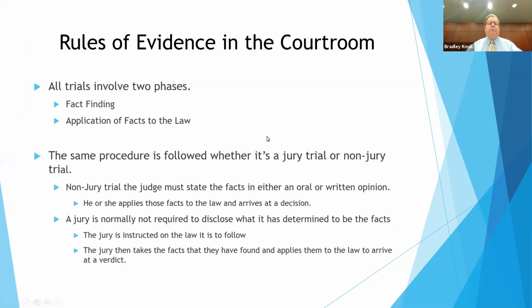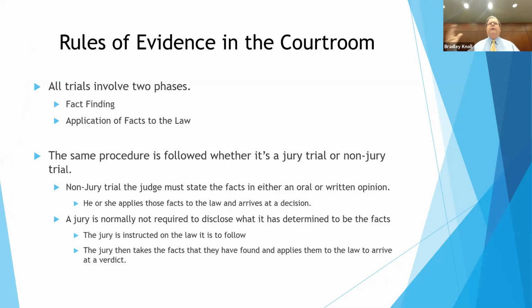So, the rules of evidence in the courtroom. All trials involve two phases. Whether it's a criminal trial or a civil trial, there's basically two parts to a trial. The first part is the presentation of evidence, which is the fact finding.